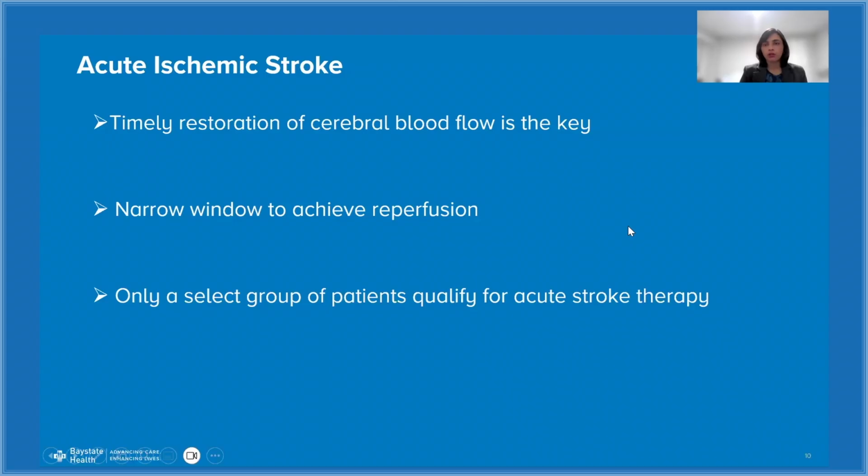It's also important to know that only a select group of patients qualify for acute stroke treatment. That's why it's important to alert emergency medical services and know the warning signs, so that you or your loved one can reach the hospital on time and get the necessary treatment.